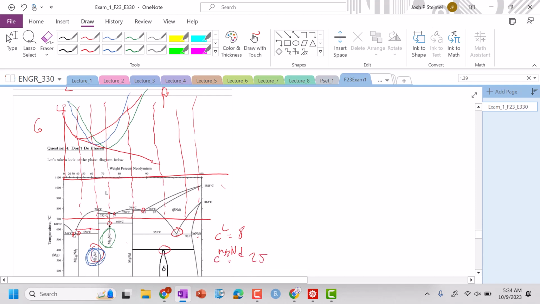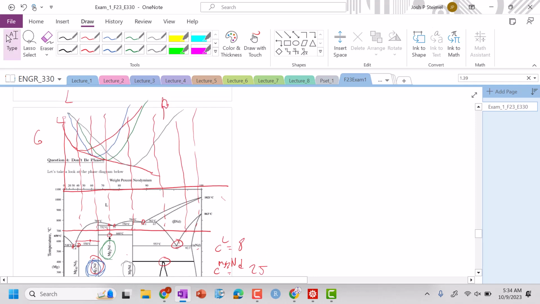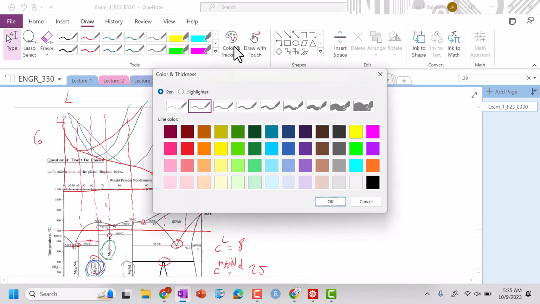Excellent. The next phase is going to be my Mg, touch, get out. And then, let's see here, Mg plus that, then now I've got to get my beta in here. Let me move something around here. I need some more colors. Get my cyan.